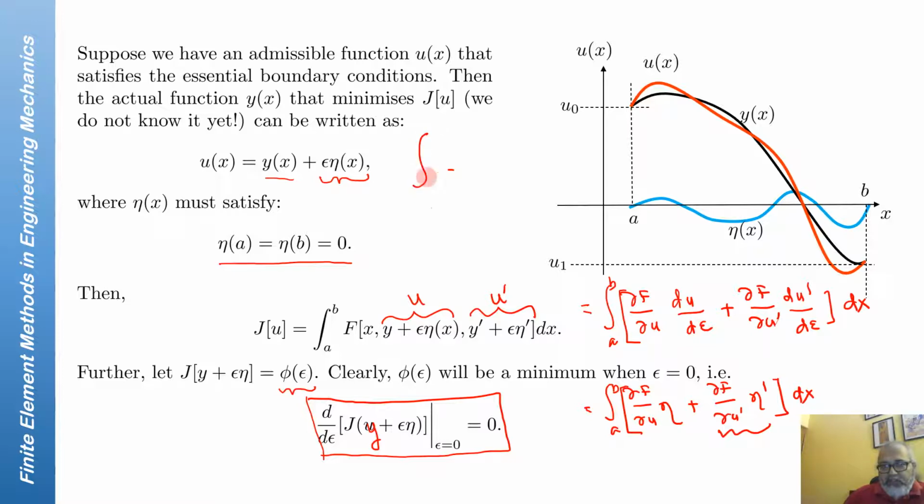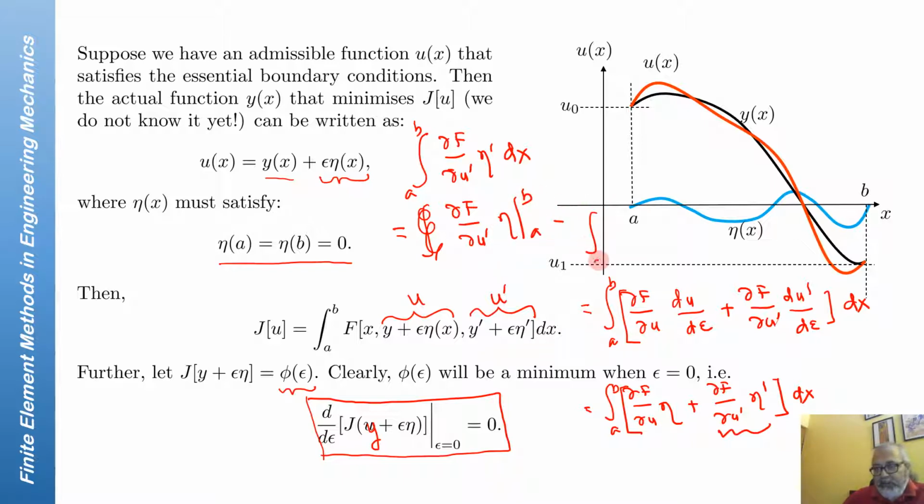So let us look at this one, ∂f/∂u' η' dx. I want to get rid of this η', so I do integration by parts. That will give me, from a to b, the first term: let's keep ∂f/∂u' as it is, and the derivative η' integrates to η, from a to b, minus the integral from a to b.